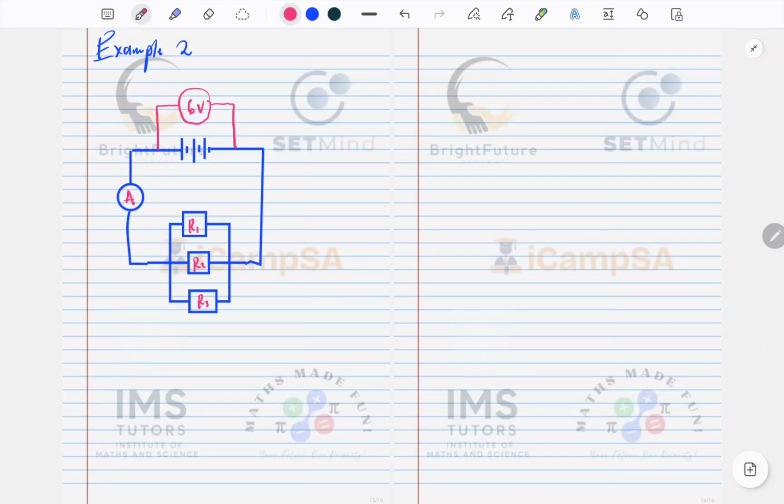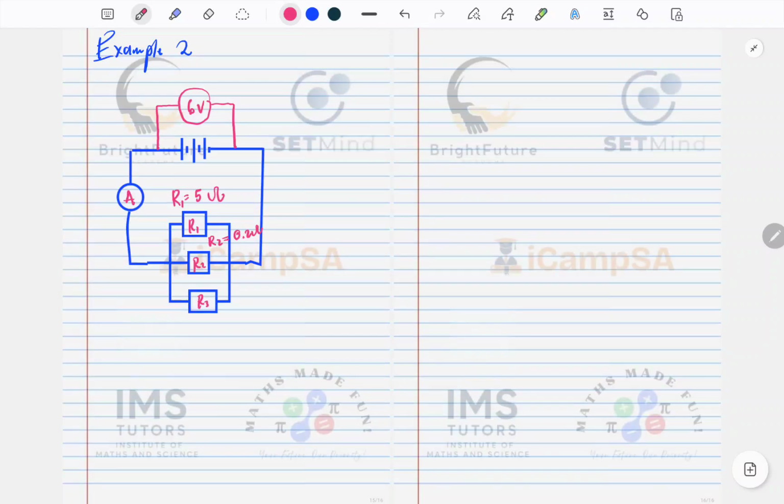Let's do the same thing. Let's say we don't have R3. Here R1 equals 5 ohms, then R2 equals 0.2 ohms.